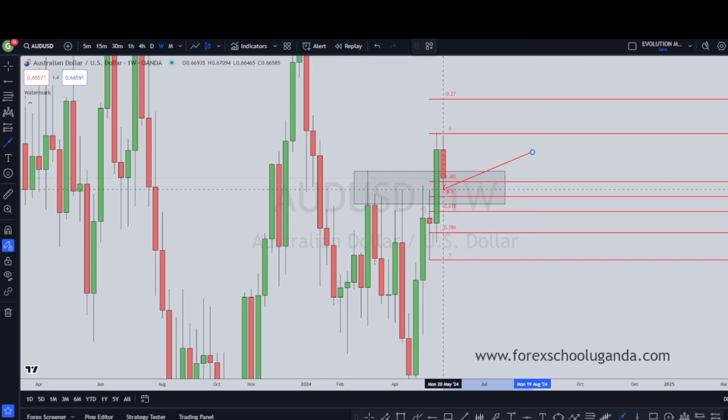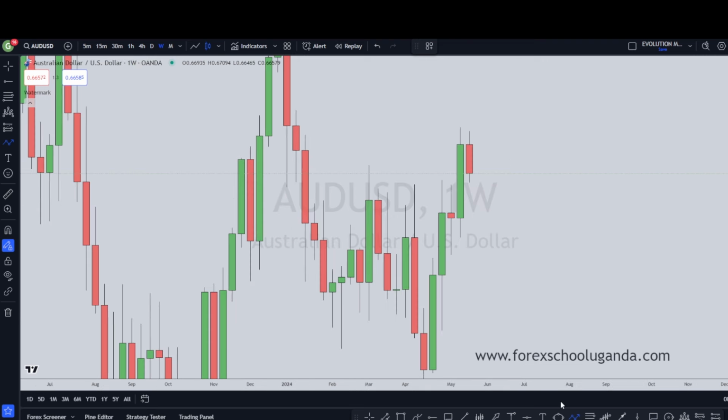While touching this support area, we could see a little more drop to the downside before a pushback to the upside. And once that happens, we will have an impulse correction, impulse formation completed in the market. However, this candle is still retracing and retesting this support area, and we could see a bounce off.